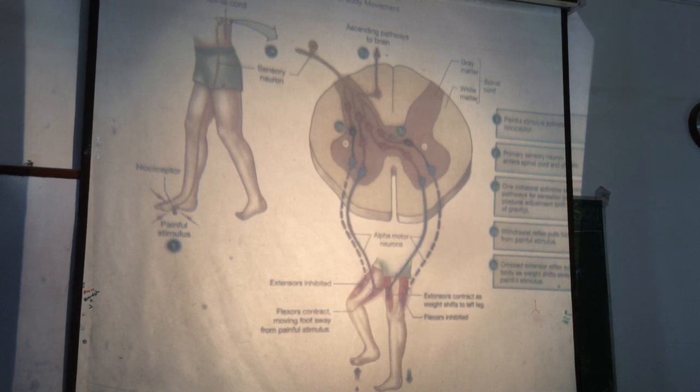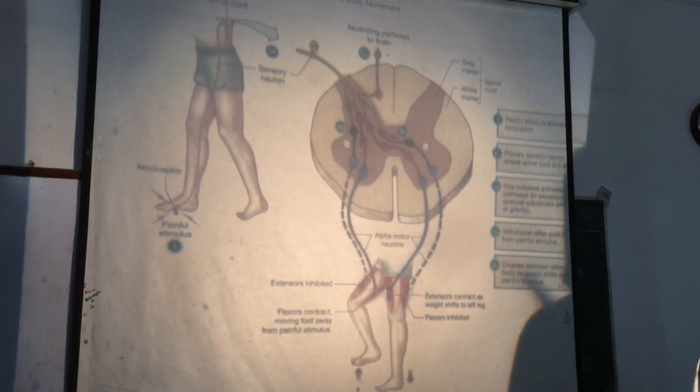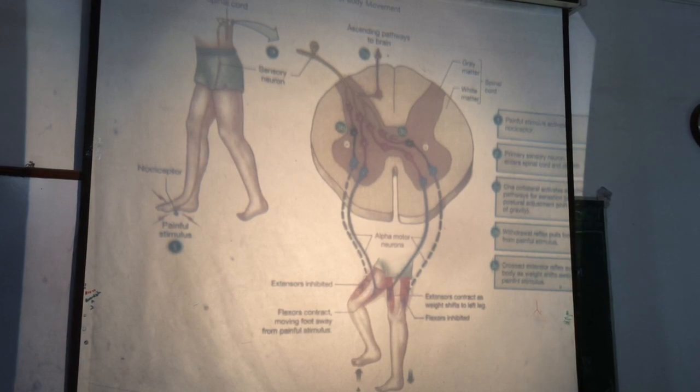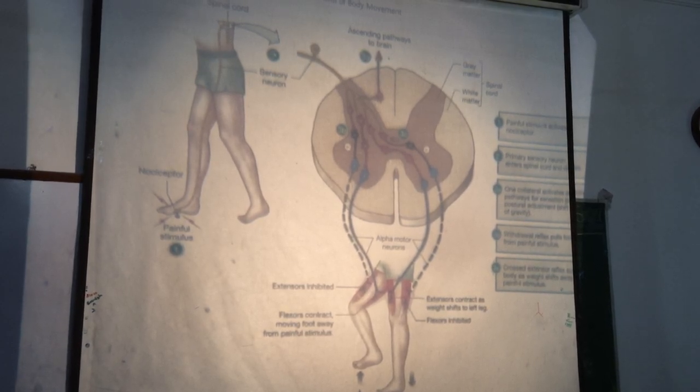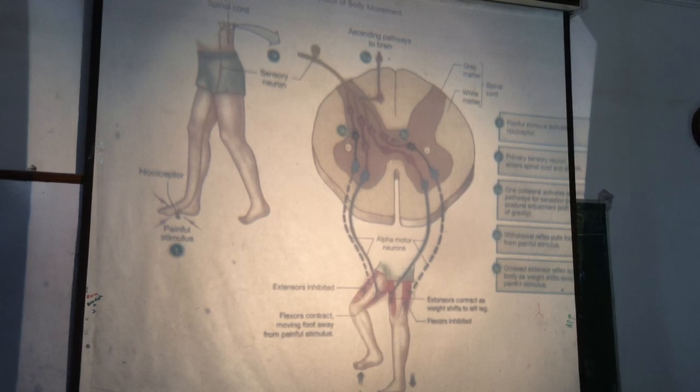Again, it is through reciprocal inhibition that occurs through reciprocal innervation. So this was about the properties of the reflex action.